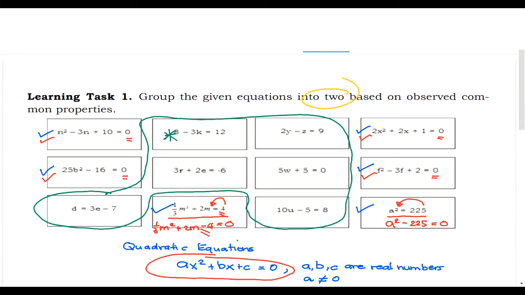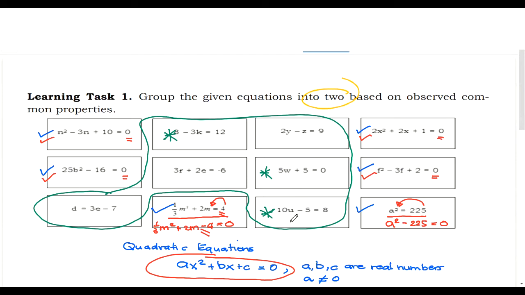This is a linear equation in one variable. Ito rin. Kasi variable, W lang dito. Ito naman, variable K. Asan pa? Here. This is a linear equation in variable U.